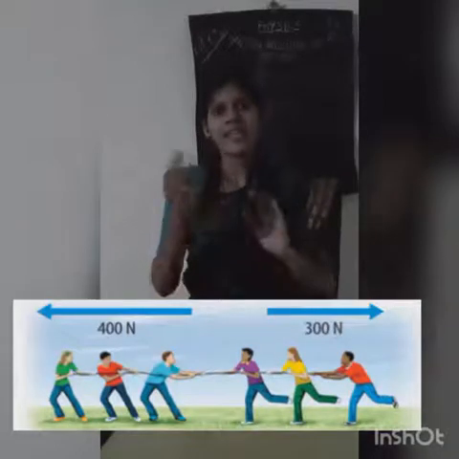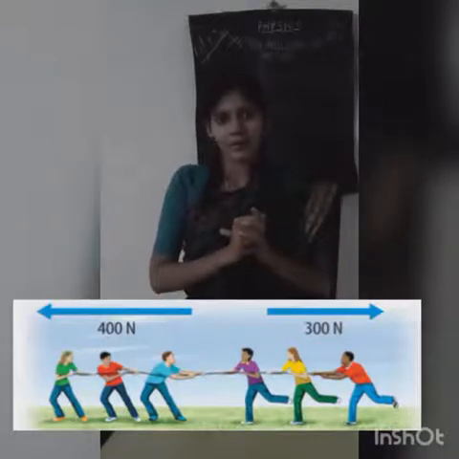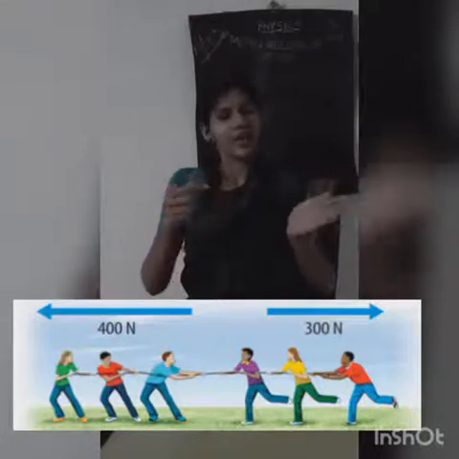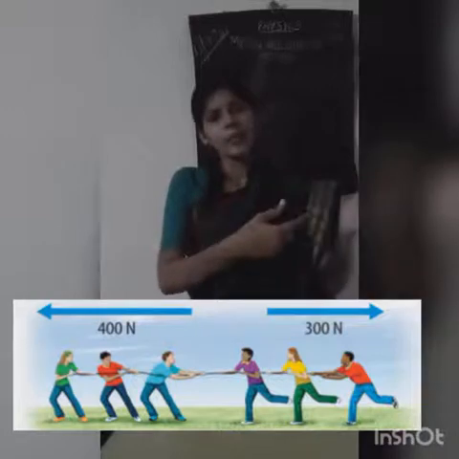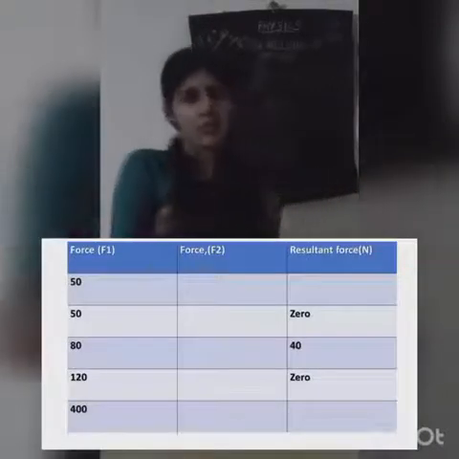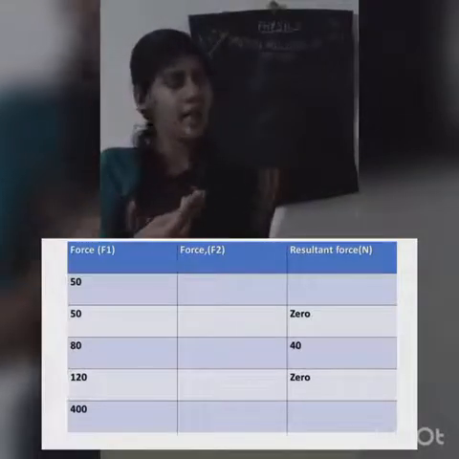Here both persons are applying equal forces of 120 Newton, but in opposite directions. In the fifth picture, we can see the rope pulling game. Here one group applies 400 Newton and the other group applies 300 Newton. So let us see how we can complete the table.